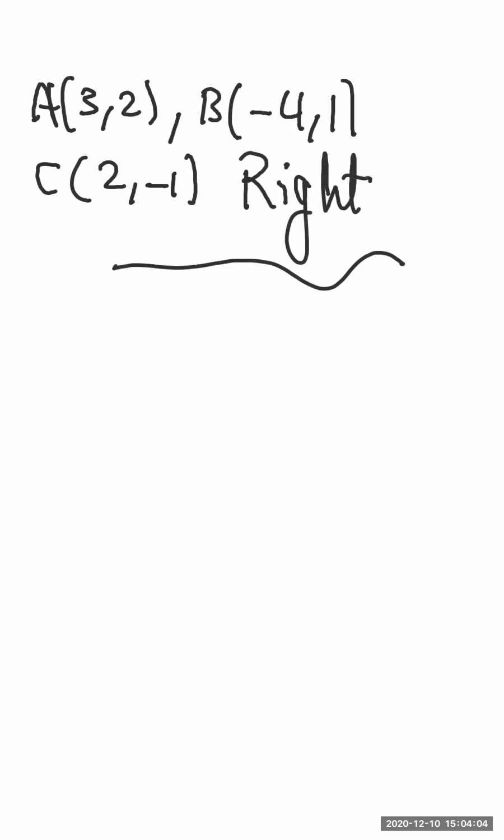We said that the steps of the solution: we will get AB and BC and AC, and then we will compare the longest with the other two. We will consider that the longest one is AC. So if the longest one squared equals the total of the squares of both of the other two sides, this means it's right angled. So let's check. First, I will get AB, then BC, then AC.